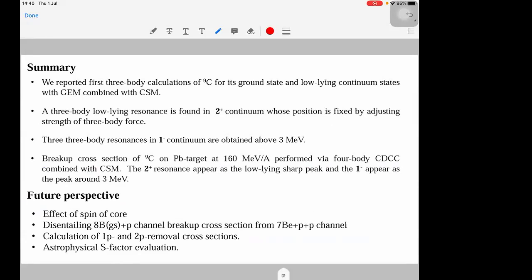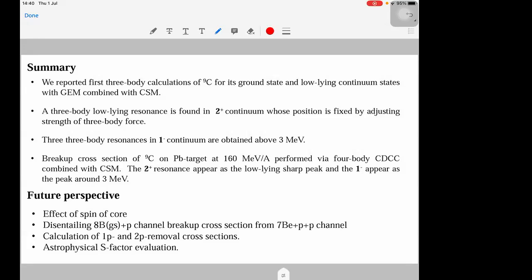The 3-body resonances in the 1 negative continuum are obtained above 3 MeV. The breakup cross-section of 9 carbon on a lead target at 160 MeV is performed via 4-body CDCC combined with the complex scaling method. The 2+ resonance appears as a low-lying sharp peak, and the 1 negative appears as a peak around 3 MeV.